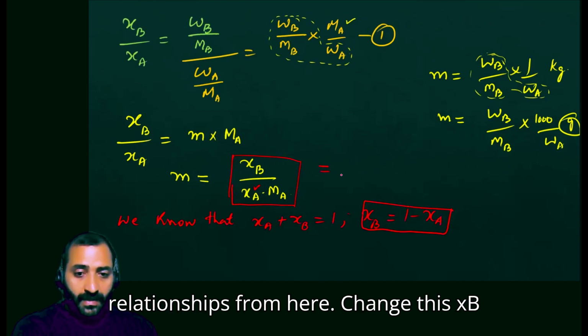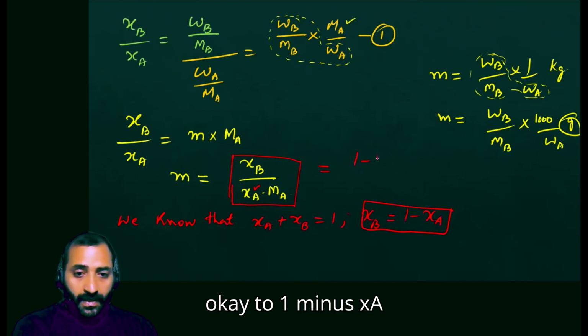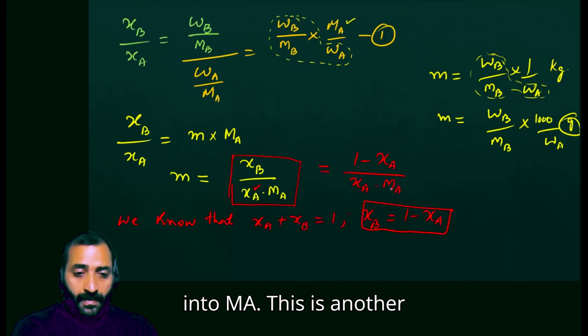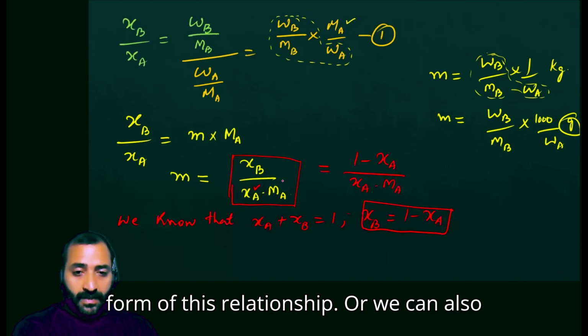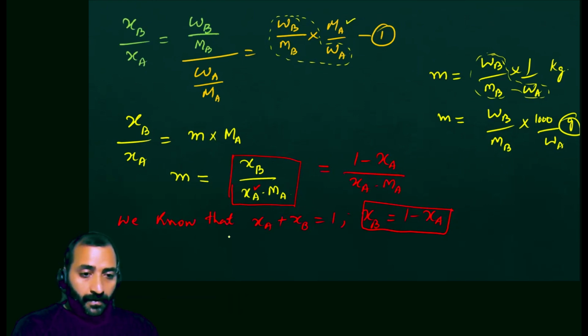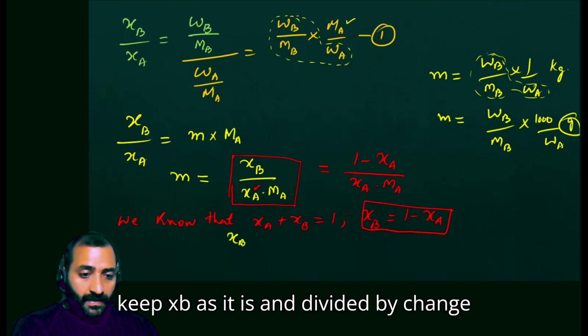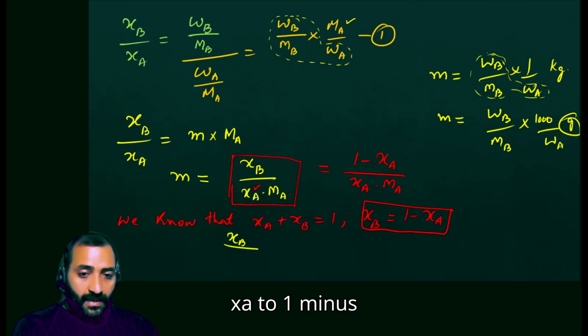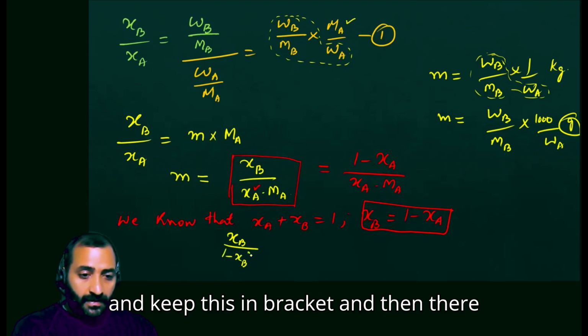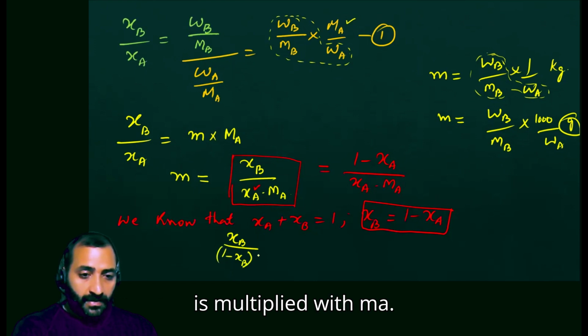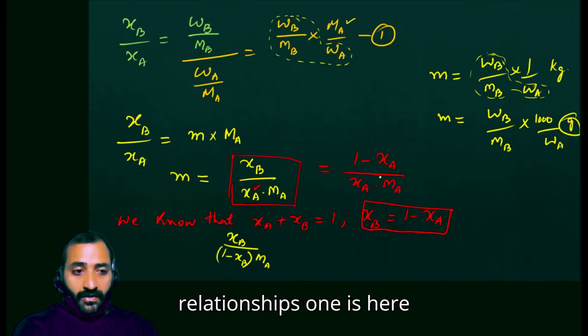Change this xb to 1 minus xa divided by xa into ma. This is another form of this relationship. Or we can also keep xb as it is and change xa to 1 minus xb, keep this in bracket, and then multiplied with ma. So you have two different relationships.